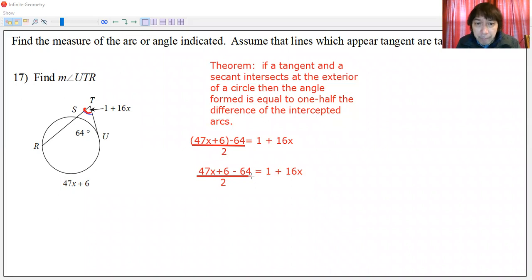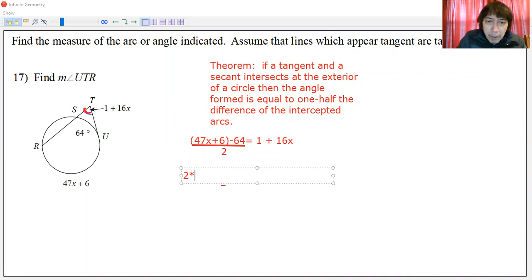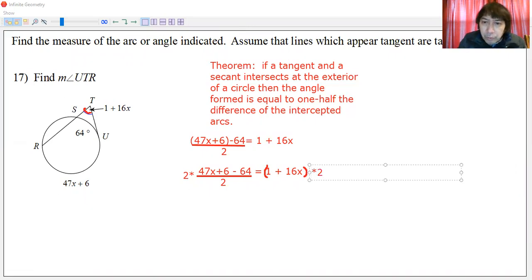So we shall multiply both sides by 2. So we put a number 2 here. 2 times, and there will also be a 2 times here. All right, so we put a parenthesis here first, because this is one group, and then this continues with times 2 also. Okay, and so this number 2 cancels out with the denominator of the fraction.